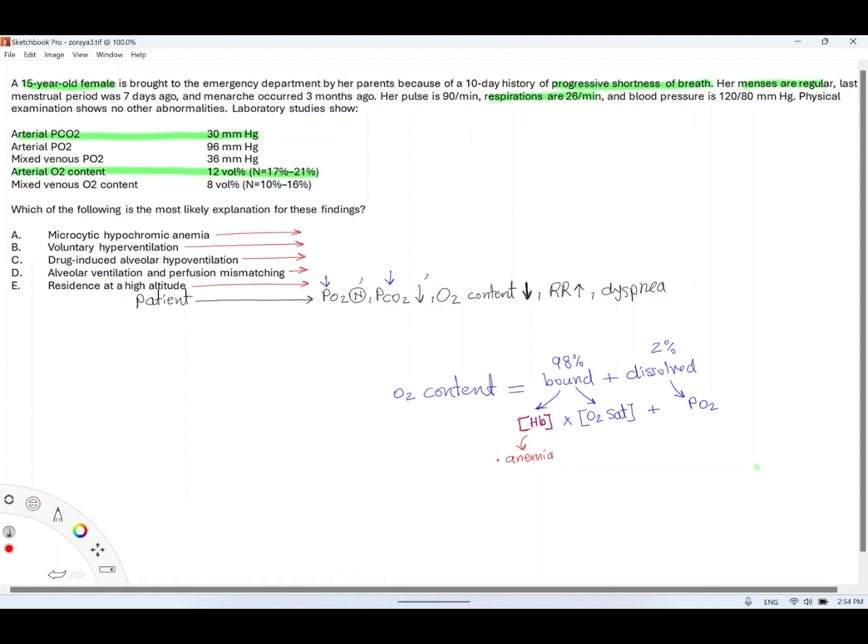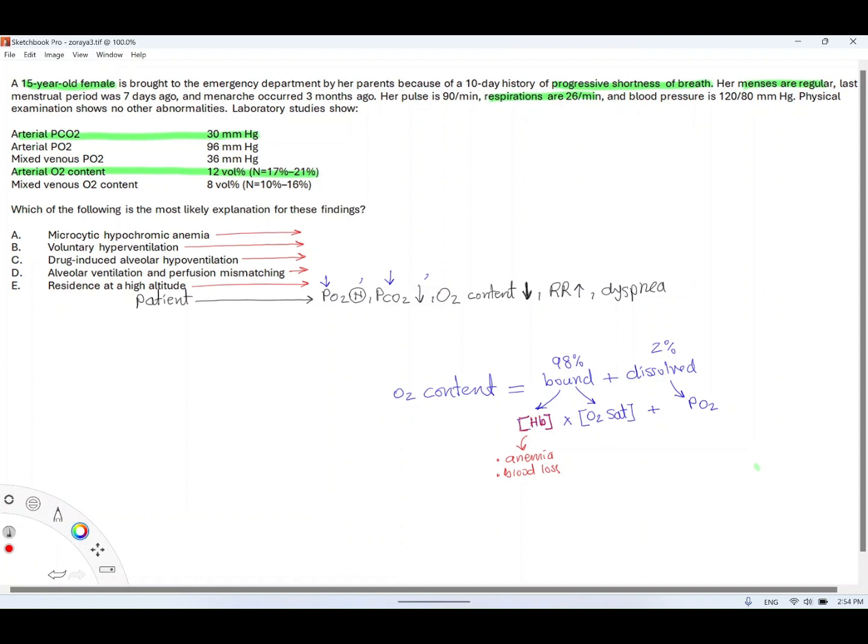Sickle cell anemia, for example, or hereditary spherocytosis, or even all hemoglobinopathies, right? Or blood loss, because with hemorrhage or blood loss, you lose hemoglobin. So whenever we're looking at the content of oxygen in blood, if it's decreased, we will look for anemia or blood loss.